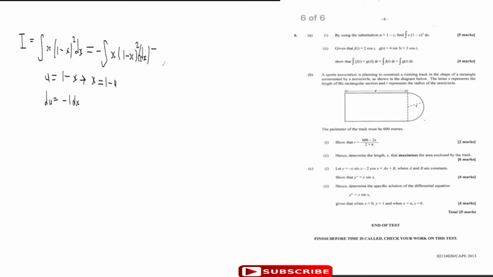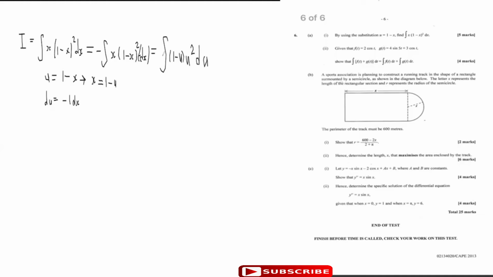Now I can substitute. This is now equal to the integral of minus dx is du and 1 minus x squared. This is now u squared, and x is 1 minus u, so I have 1 minus u being multiplied by u squared, and then minus dx is du.